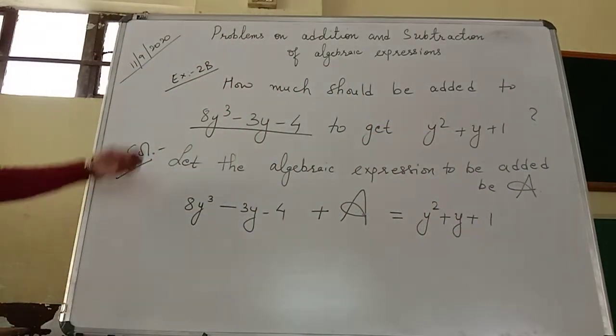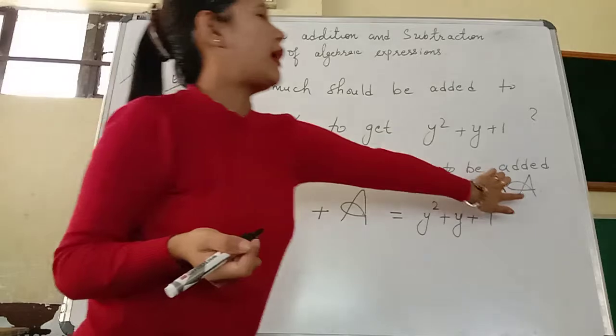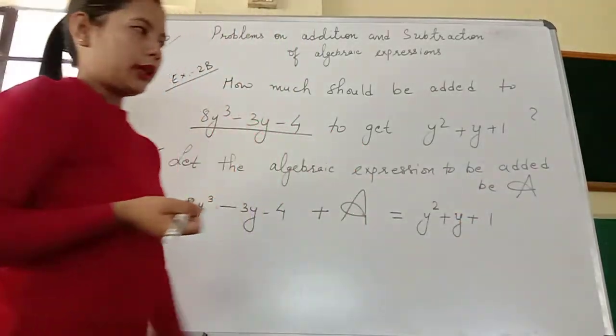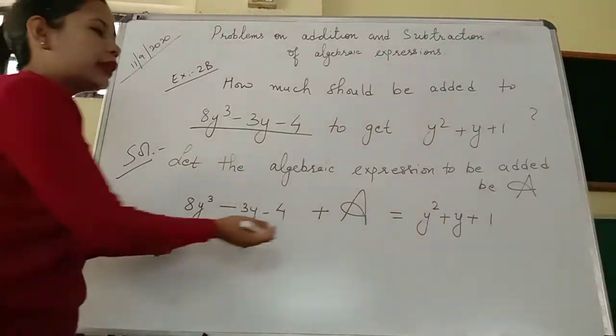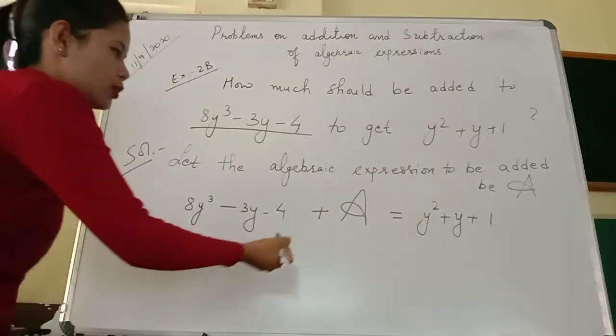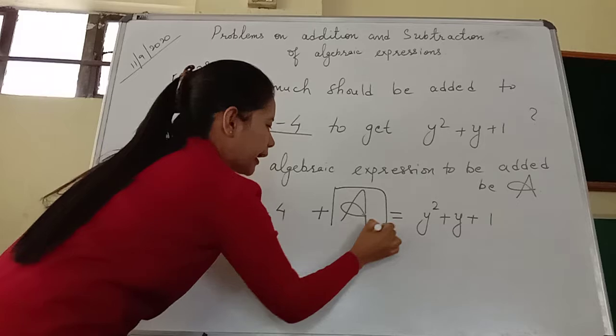So our problem now reduces to finding the value of the algebraic expression that needs to be added. So this is solving the equation. We want to find the value of this a.